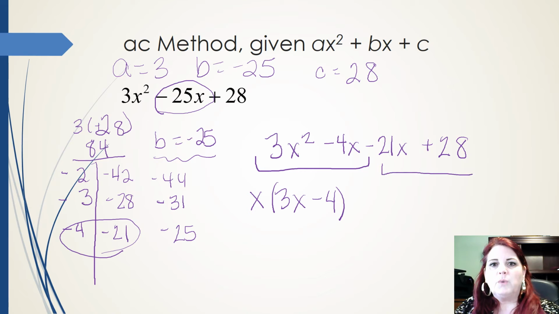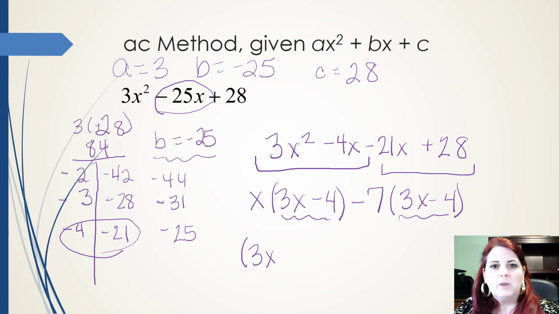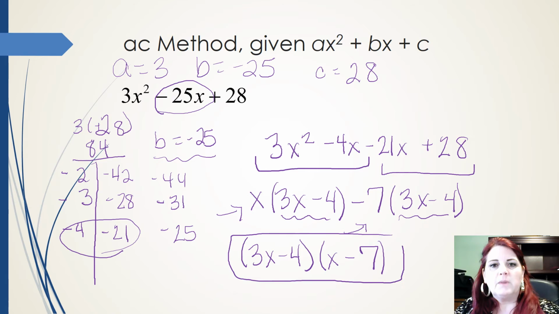The negative 21x plus 28 has a common factor of negative 7, leaving us with 3x minus 4. Now that 3x minus 4 is a common factor in these two terms, so 3x minus 4 is being multiplied to this x and this negative 7. So in factored form, 3x minus 4 times x minus 7 gives us our answer.